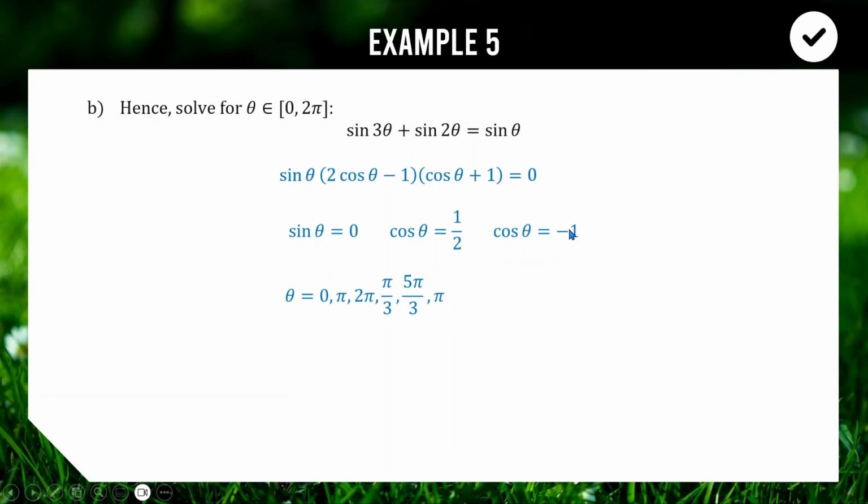And for the cos theta equal to -1, we just get pi, but it's already happened. So rewriting our answers, getting rid of the duplicates and arranging them in ascending order, we end up with 0, pi on 3, pi, 5 pi on 3, and 2 pi as our 5 answers for this one equation.